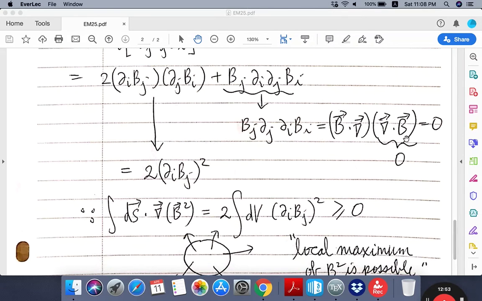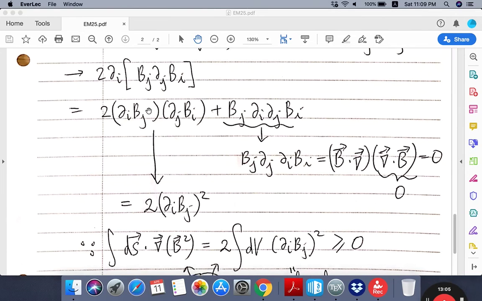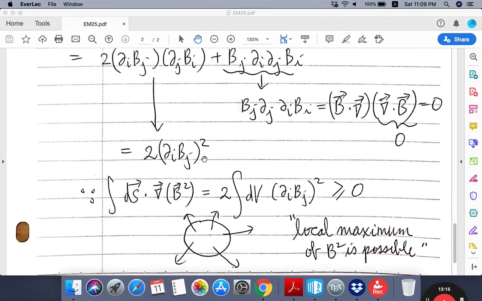But we already showed that the divergence of the magnetic field is strictly 0 under all circumstances. So now we have only this expression left over. And once again, if I see a ∂_j B_i, I can just replace it by ∂_i B_j. And then this whole thing becomes (∂_i B_j) squared.